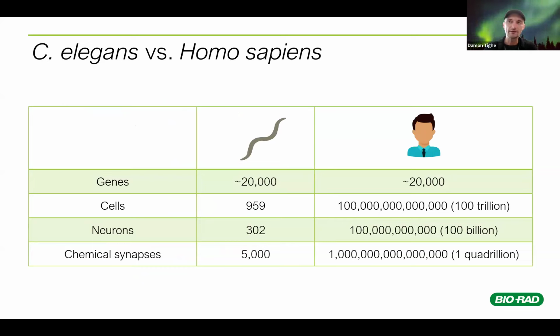If you're just trying to do maintenance of the worms, you could probably get away with an LB agar for a little bit, but the worms do need a little bit of cholesterol. That's because they've got neurons, and you need that cholesterol to maintain some of those neurons. So you could probably culture them for a while on LB, but at some point they will probably start to not do well because they're not getting enough cholesterol in their diet.